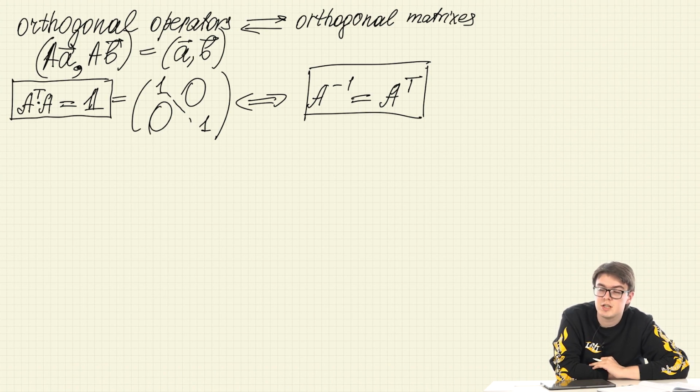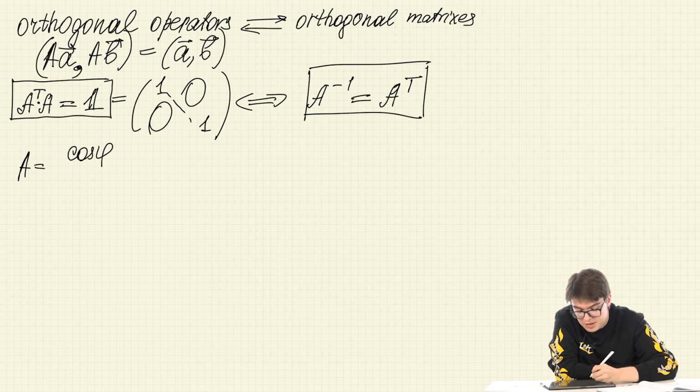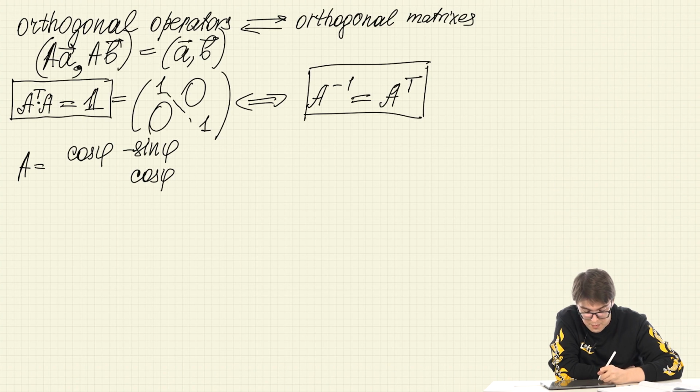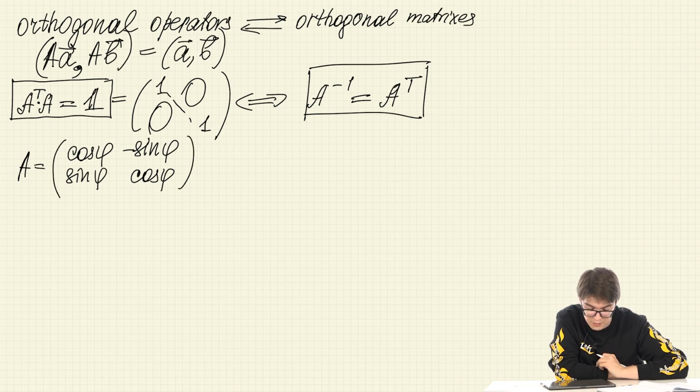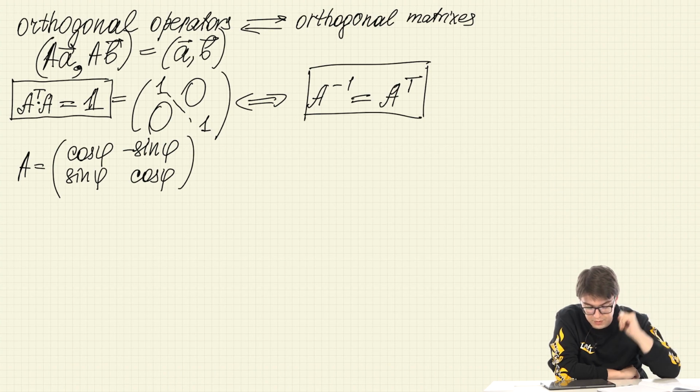What is actually an example of an orthogonal operator? Let us have a matrix with one parameter phi, and we define some trigonometry from this phi. So it is given for you to consider what geometrical sense such a matrix has.